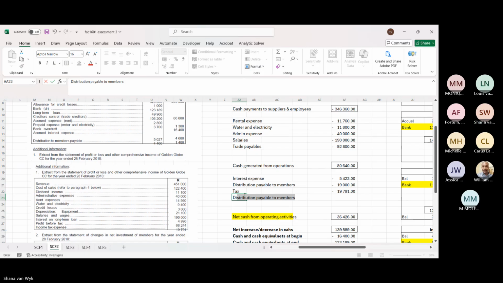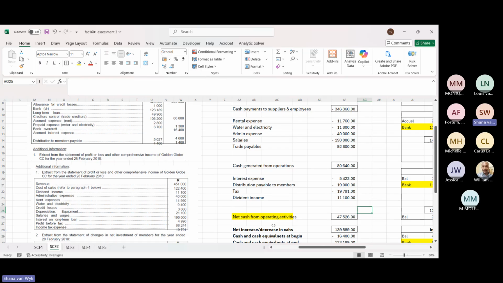Okay, let's add. But there's a profit before tax that I haven't used yet.